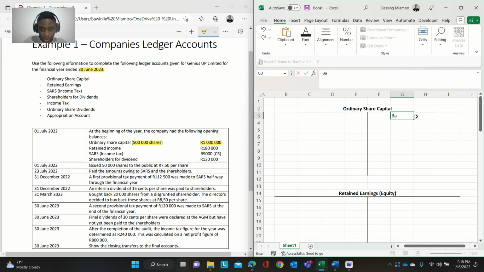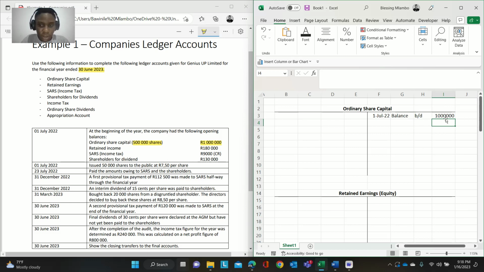So the opening balance, which we call the balance brought down, on the 1st of July 2022 was 1 million.